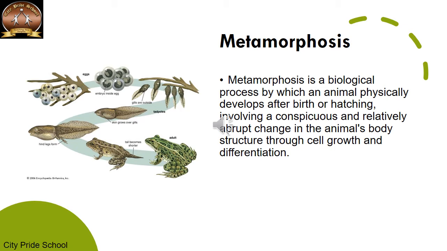The tail is absorbed into the body, the gills disappear, and lungs develop. So many changes and differentiation happen, and new organs, new structures are formed in the animal, and the adult stage is reached. All this process together is termed metamorphosis.